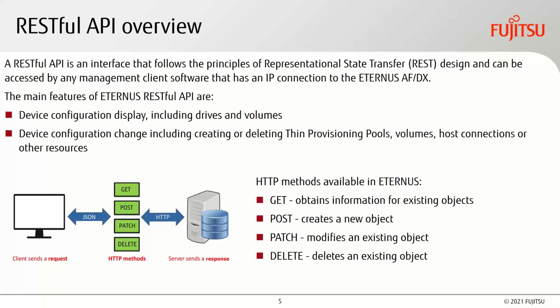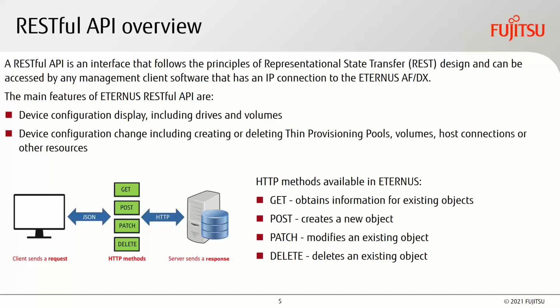The architecture here is simple. As an operator, using any REST API compatible client, we'll be sending queries written in JSON, which means JavaScript Object Notation, over the management port of ETERNUS using the four HTTP methods you see on the screen.